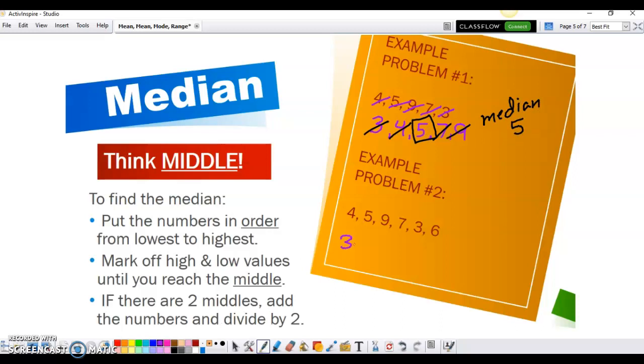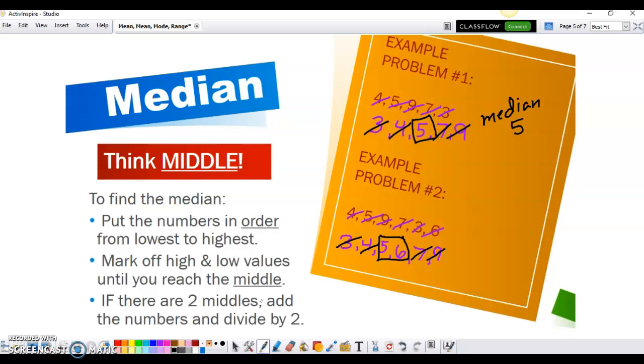We've got 3, 4, 5, 6, 7, and 9, okay? So I've put them in order, but here's what happens. One low, one high, one low, one high, and I'm left with 2 in the middle, okay?